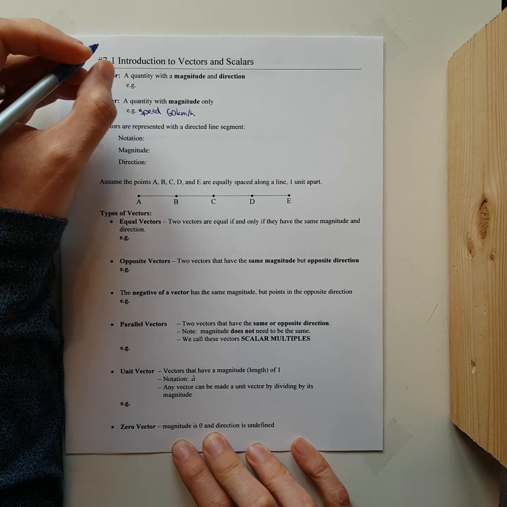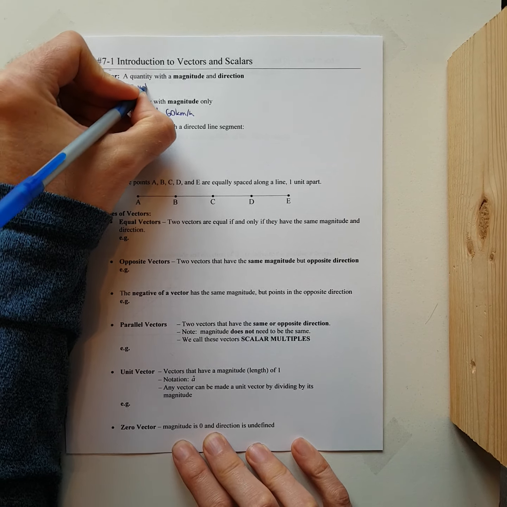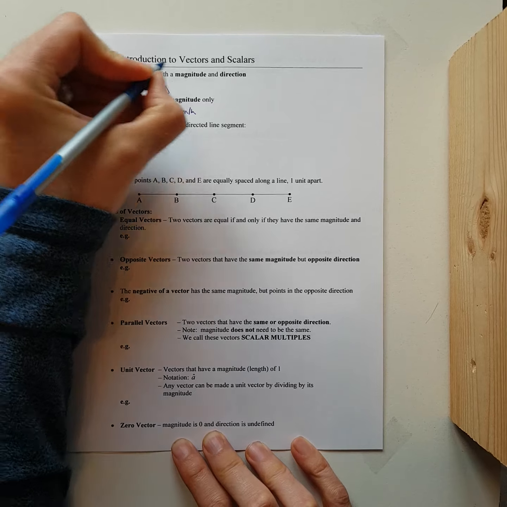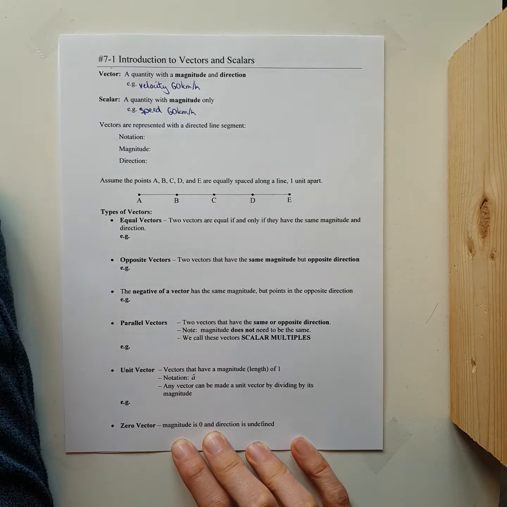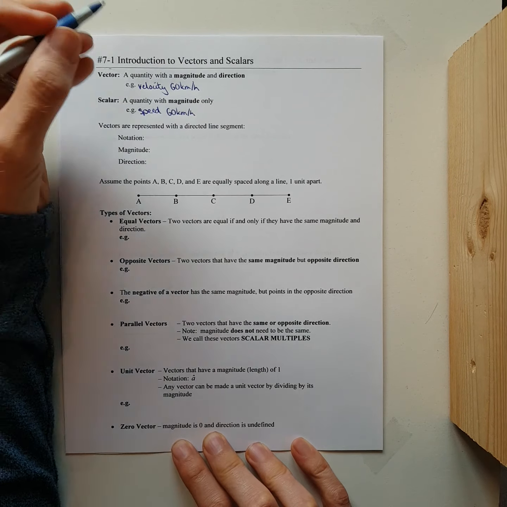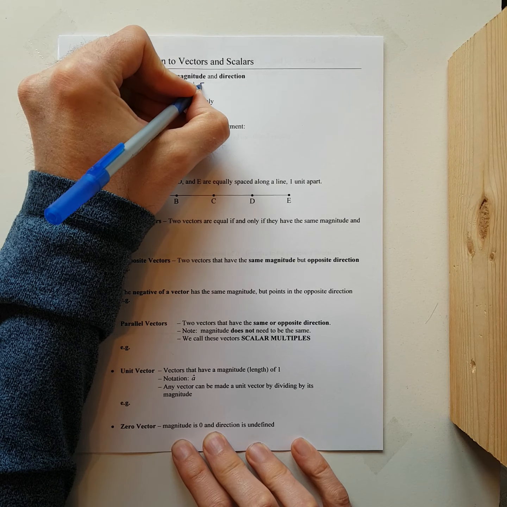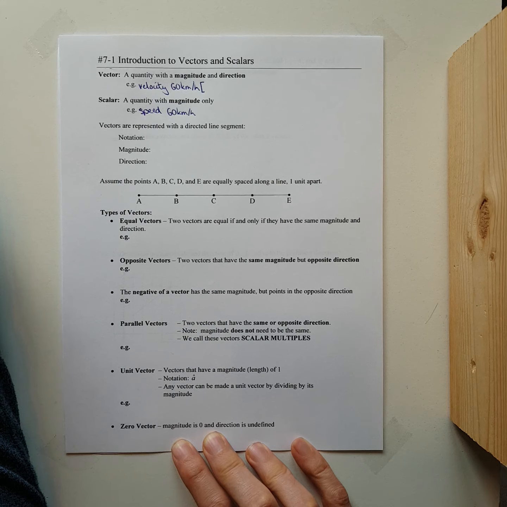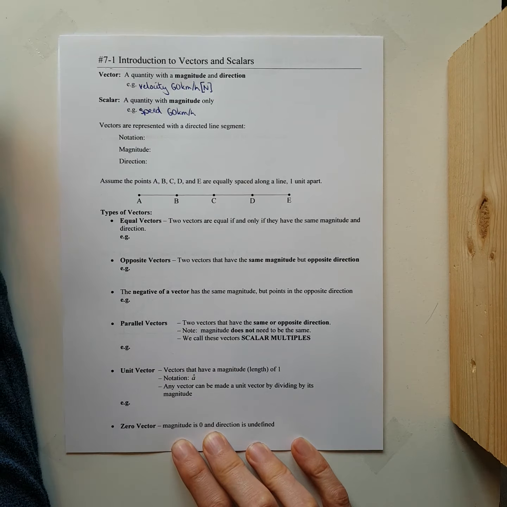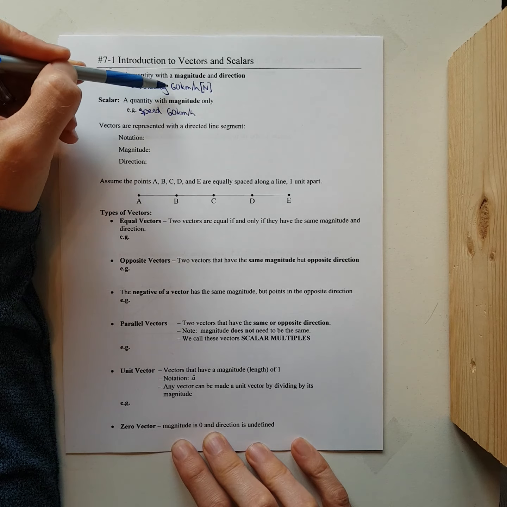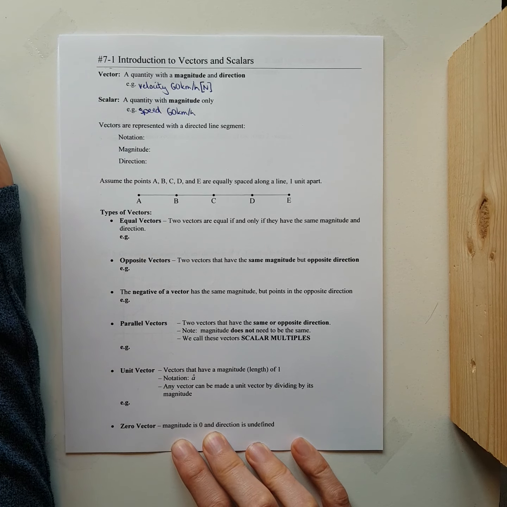Its vector partner would be what we call velocity. Velocity would have the magnitude piece, 60 kilometers per hour, but a vector also adds on direction. We usually put that in square brackets afterwards, so I'll say 60 kilometers per hour [north]. This vector quantity has both a magnitude and a direction.